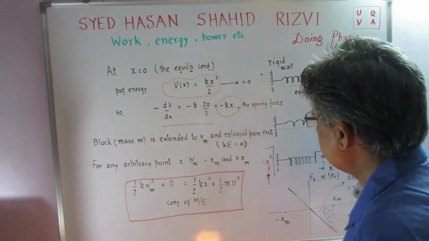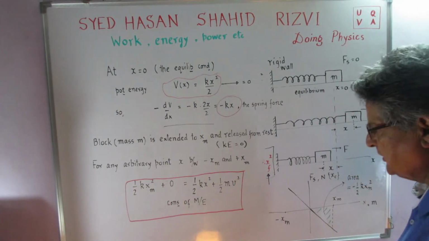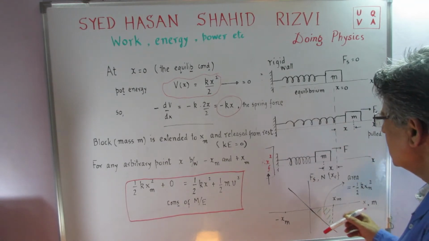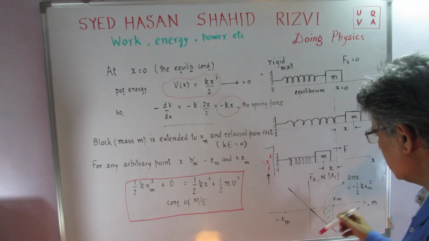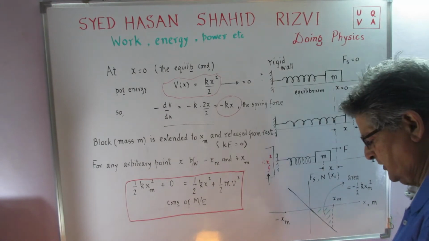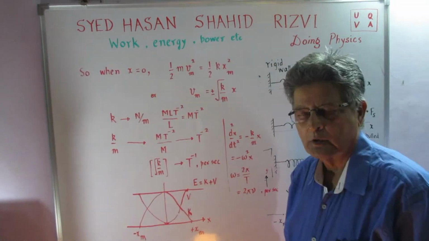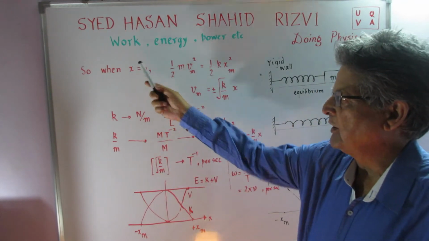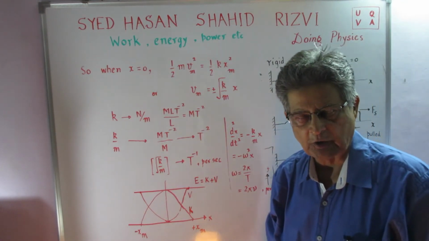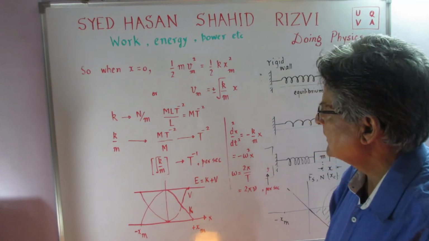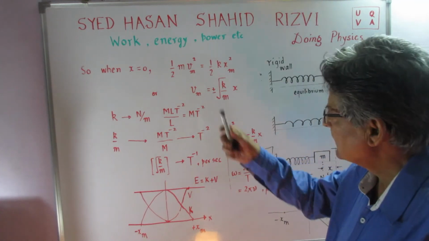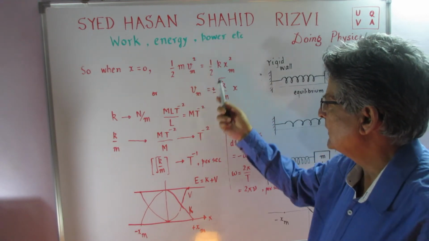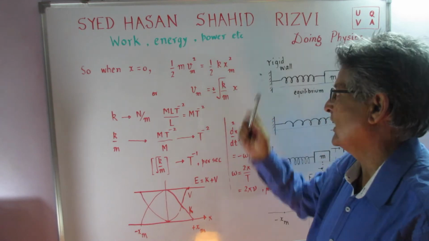Okay, so what we see is that the potential energy of the system varies from one position to another, and the kinetic energy varies as well. For the conservation of energy, let us take a special point, the equilibrium point x equal to 0. There half m vm squared is equal to half k xm squared.